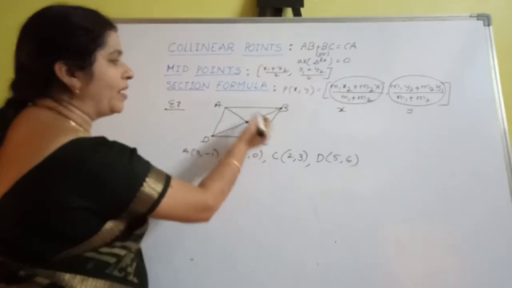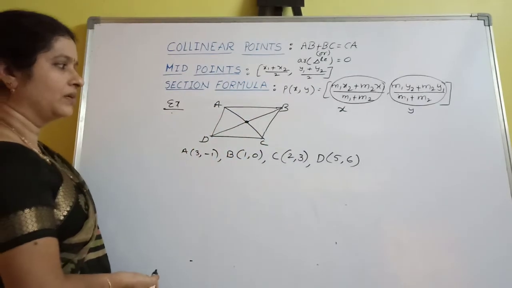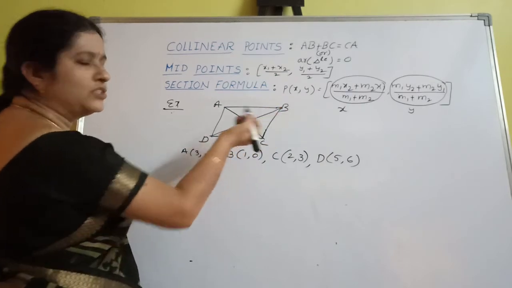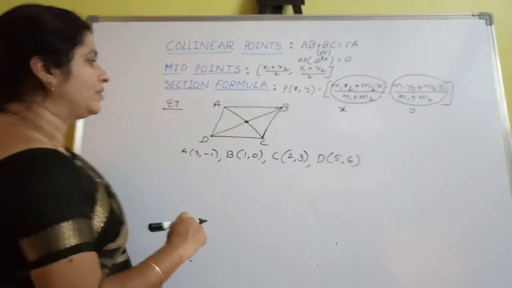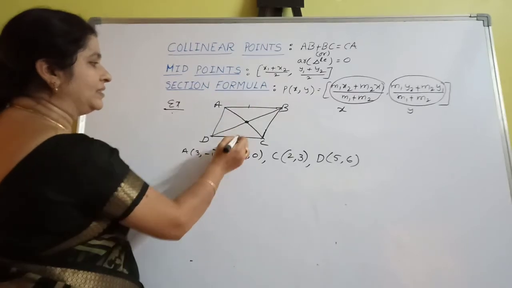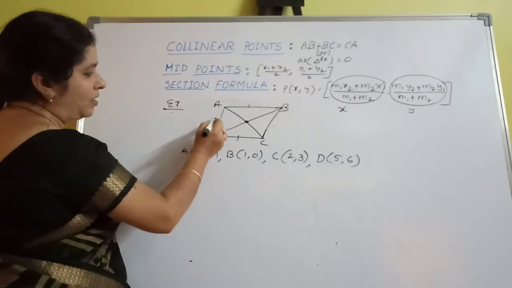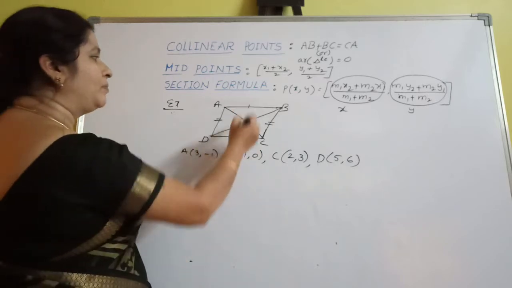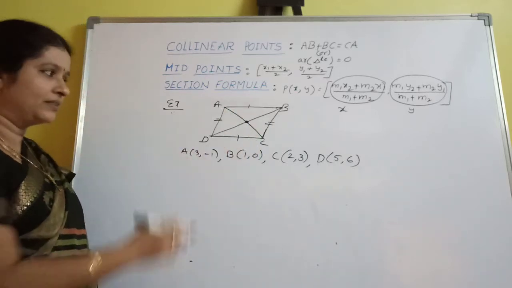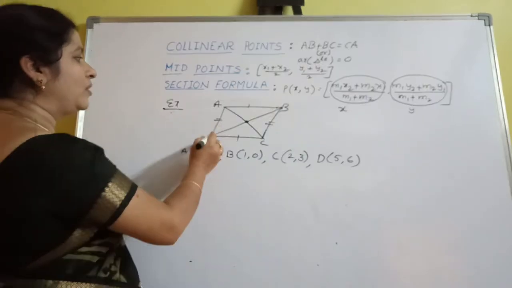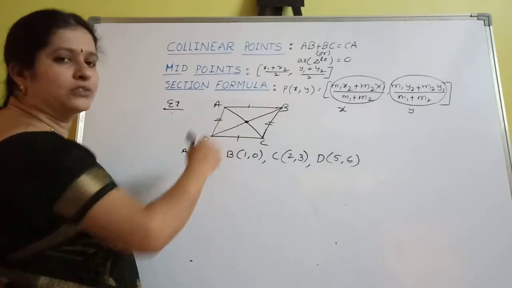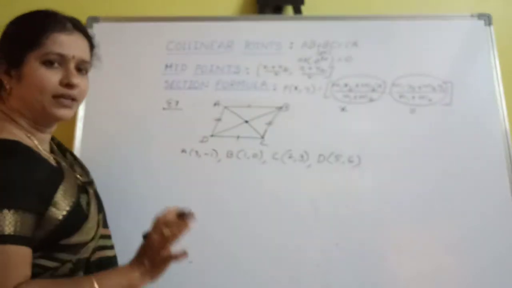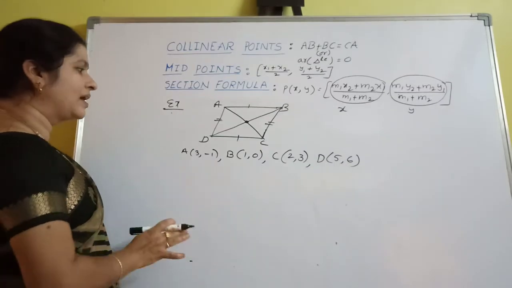Already, using the distance formula, you can do so many questions. Opposite sides are parallel and equal. Simply you have to prove the opposite sides are parallel and equal. For a rectangle, you have to prove diagonals are also equal. For only a parallelogram, you have to prove the opposite sides are equal only. That is one condition.